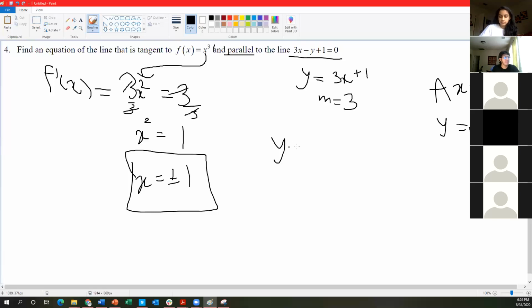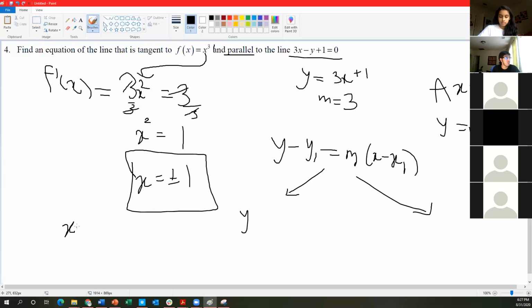So if I do y minus y1 equals m times x minus x1, we're actually going to get 2 equations. Why? Because we have 2 x's for which the derivatives are equal to the slope, right? So we'll have to take this step by step and create 2 equations. The first is, if my x1 is positive 1, what is my y1 going to equal?